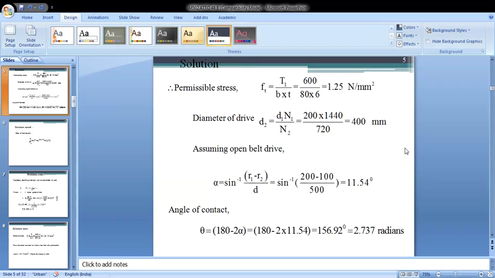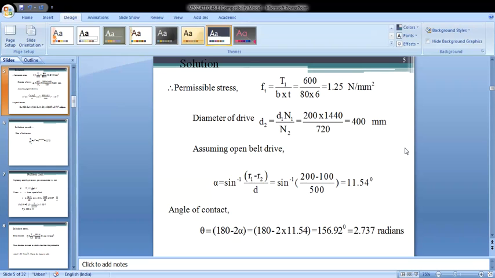As I said, for the open belt drive, theta equals 180 minus 2 alpha. Alpha is sine inverse of (R1 minus R2) by D. We know the values of R1, R2, and D is the central distance between the two pulleys. So it is sine inverse of (200 minus 100) by 500.